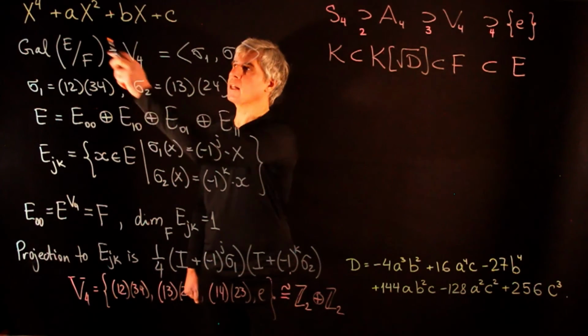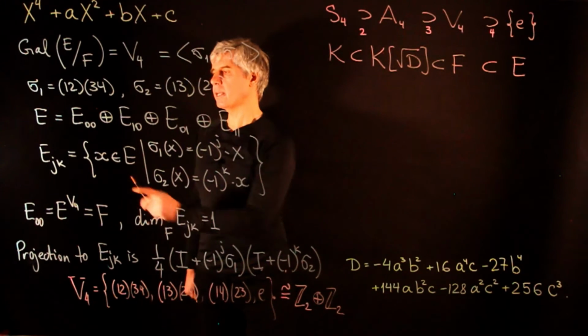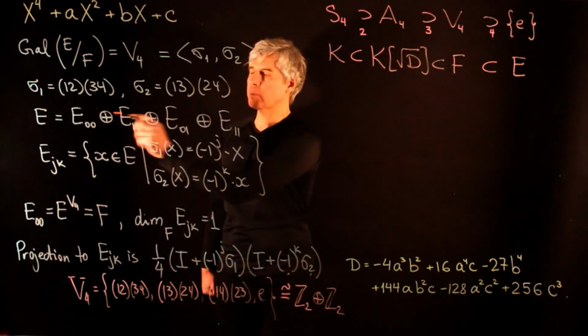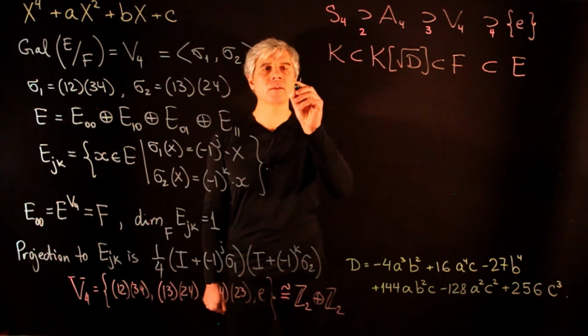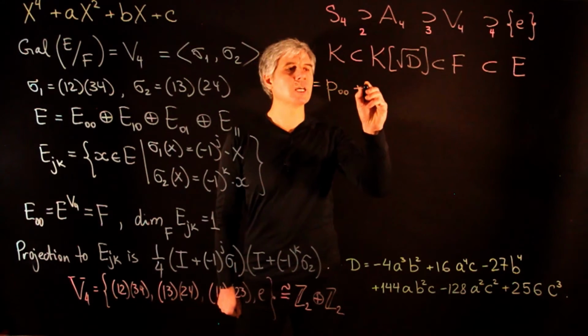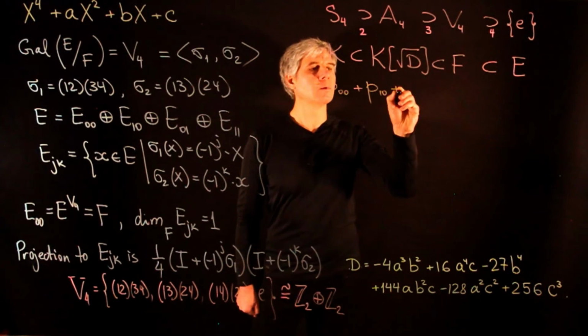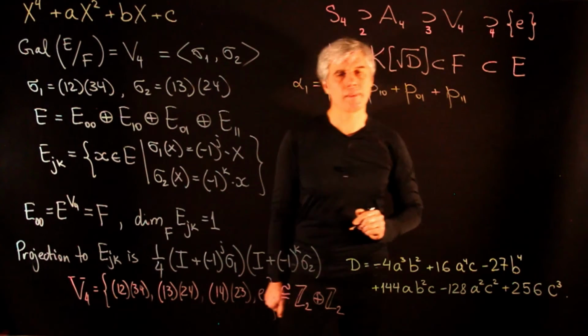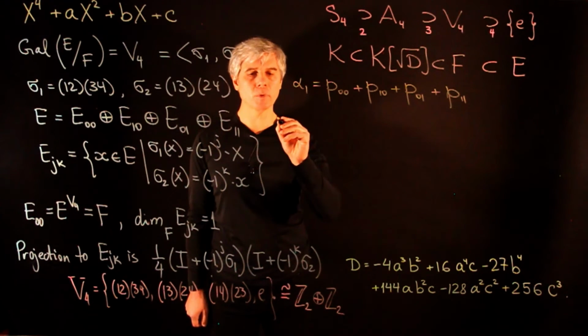Now we take root alpha 1 of our polynomial. It's an element of E, and we can write its decomposition with respect to this grading. So alpha 1 is equal to P00 plus P10 plus P01 plus P11. Let us compute these components.